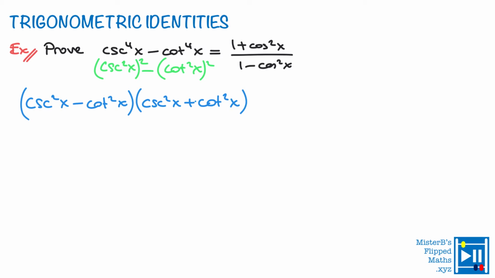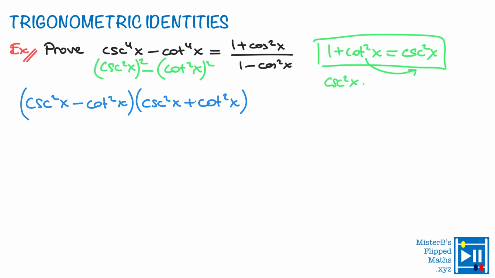Now we know this identity, but knowing is not enough. We have to be able to play with this, like taking cotangent to the other side. It's going to be cosecant squared of x minus cotangent squared of x, which is 1. So here, this expression actually is 1. So I end up with only this factor, which is cosecant squared of x plus cotangent squared of x.